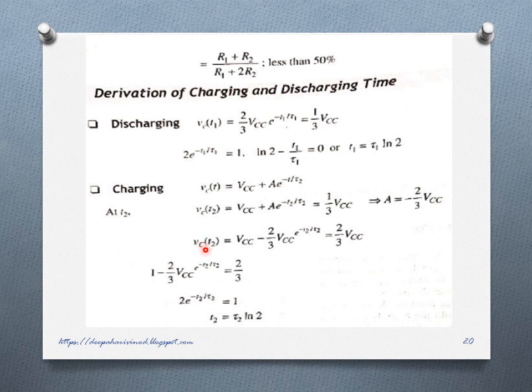That is Vc of T2 equals VCC minus 2 by 3 VCC e raised to minus T2 by tau 2, which is equal to 2 by 3 VCC. Now 1 minus 2 by 3 VCC e raised to minus T2 by tau 2 equals 2 by 3. By equating and cancelling, we will get 2 e raised to minus T2 by tau 2 equals 1. So T2 equals tau 2 ln 2.